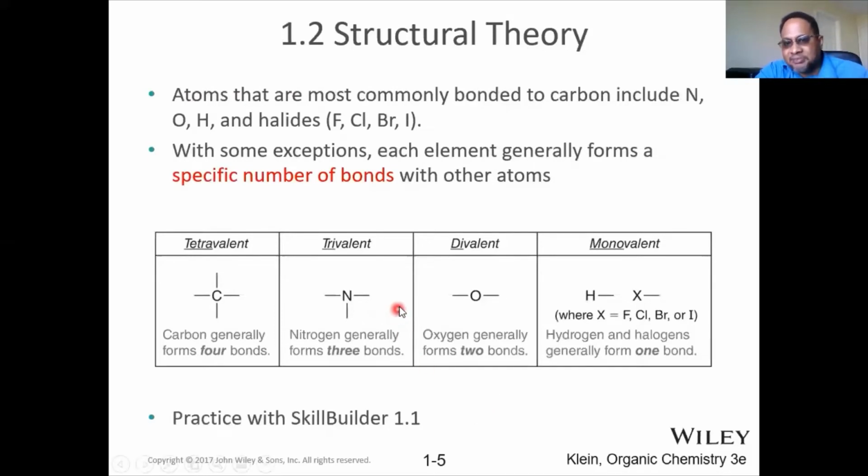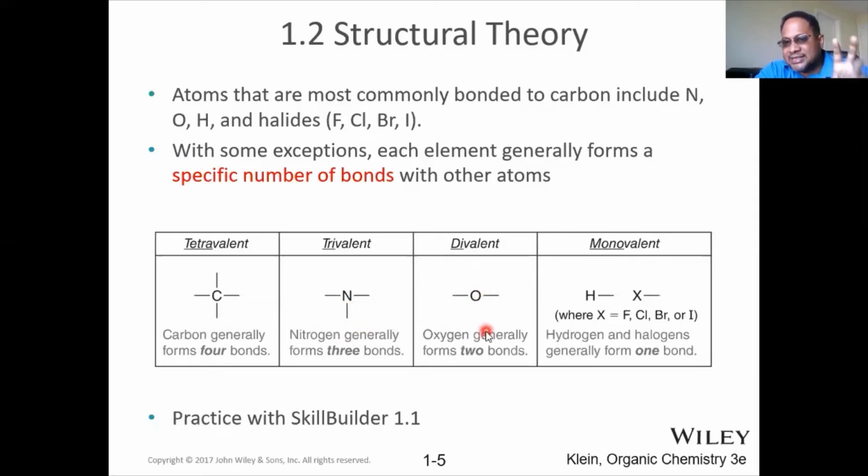Another thing you need to remember is connectivity. Always remember that carbon is tetravalent, meaning carbon is always bonded to 4 different atoms. Nitrogen is trivalent, meaning it's attached to 3.